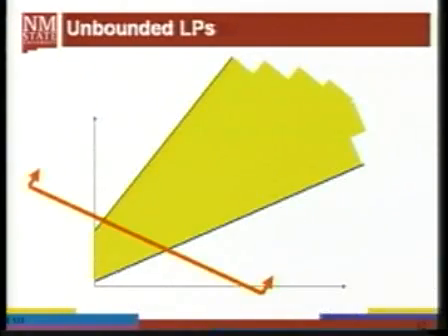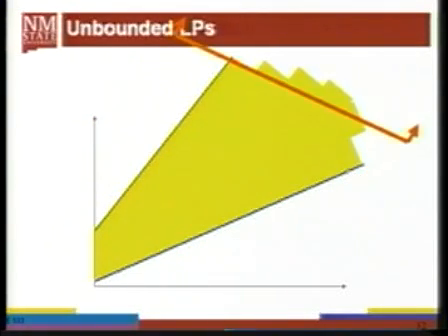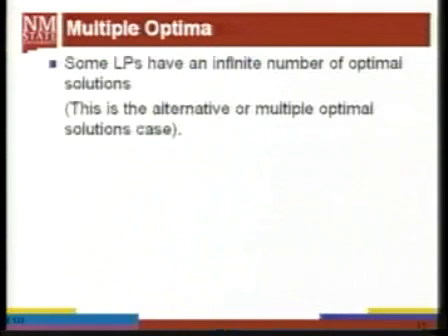And this shows a general case of unbounded LPs. Of course, likewise, a minimization problem could be unbounded below. If we never leave the feasible region while moving in the direction of decreasing our objective function value, G, okay? This is the same.